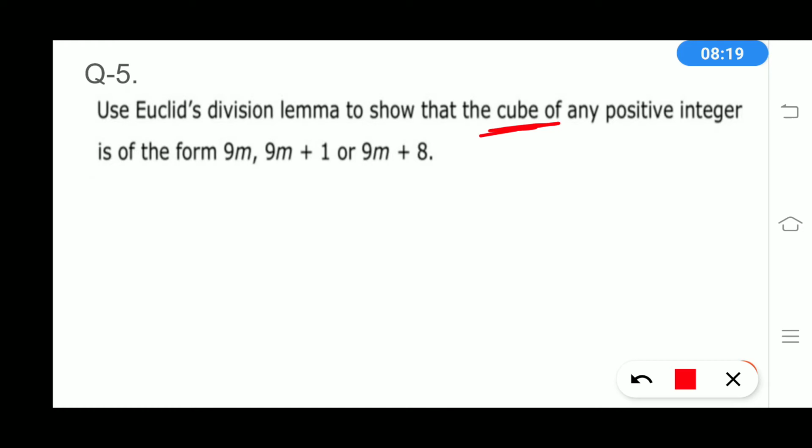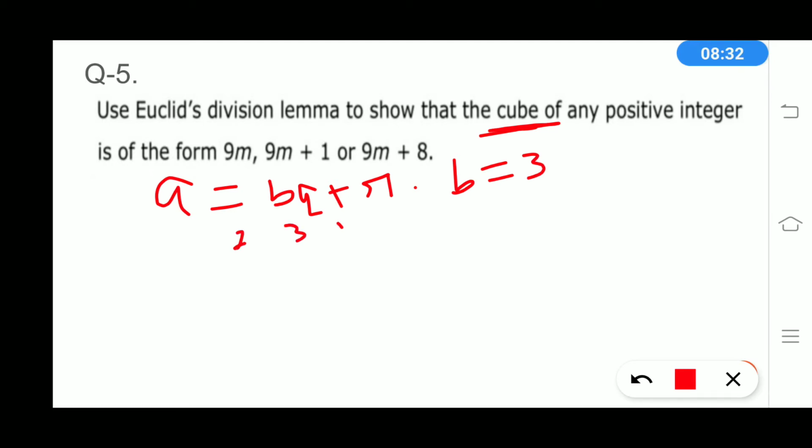That means again we take a to be any positive integer, and a can be written as a equals bq plus r. Again we take b equals 3, that means 3q plus r. Since b equals 3, the divisor is 3, therefore the possible remainders are 0, 1 or 2.